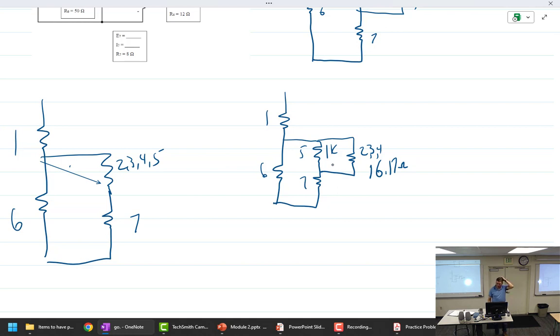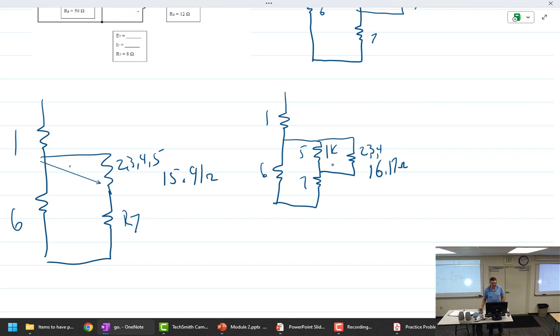And what is 2, 3, 4, 5? 15.91. So I'm combining a 1,000 ohm resistor and a 16 ohm resistor, and I get 15.91 ohms. How'd you get that? I took the inverse of 16.17 plus the inverse of 1,000 ohms, equals point whatever, inverted the answer, and got 15.91. All right, I'm comfortable with that, because it has to be less than 16.